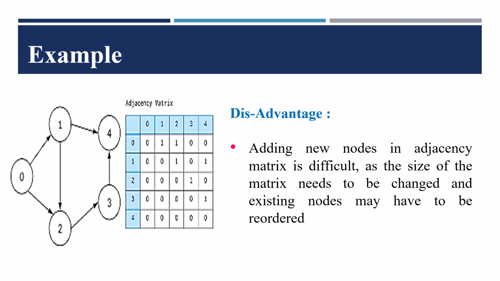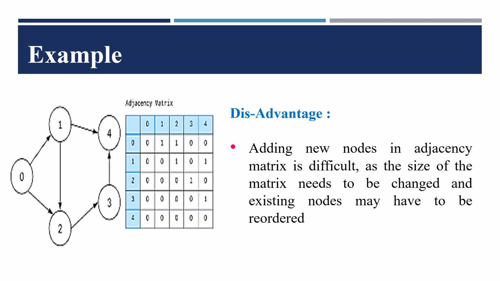Here is a directed graph and its adjacency matrix. The graph has 5 nodes numbered from 0 to 4. These nodes are connected by arrows which show the direction of the connection. For example, there is an arrow from node 0 to node 1 and also from node 0 to node 2.